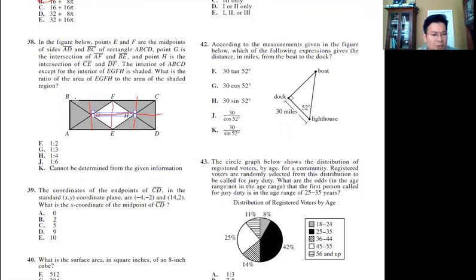Let's just do it this way. Each triangle is the same. So we have 16 total, and the black one is 4. So 4 out of 12. So 1/3.